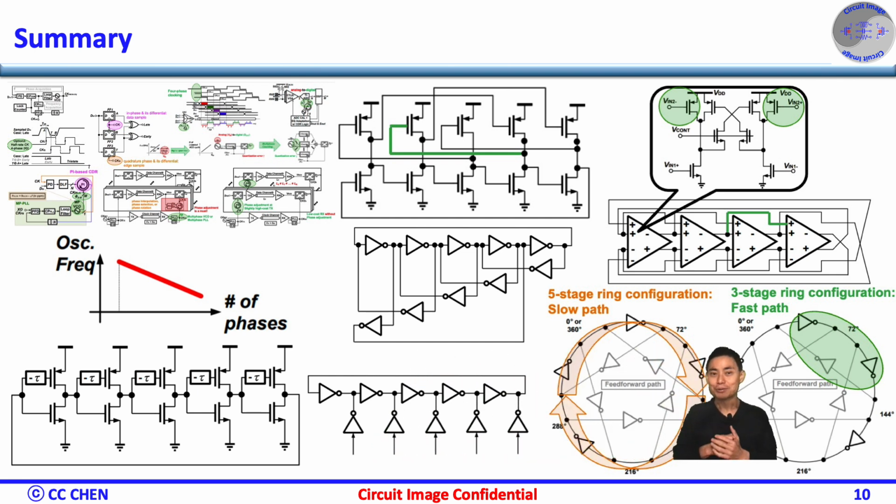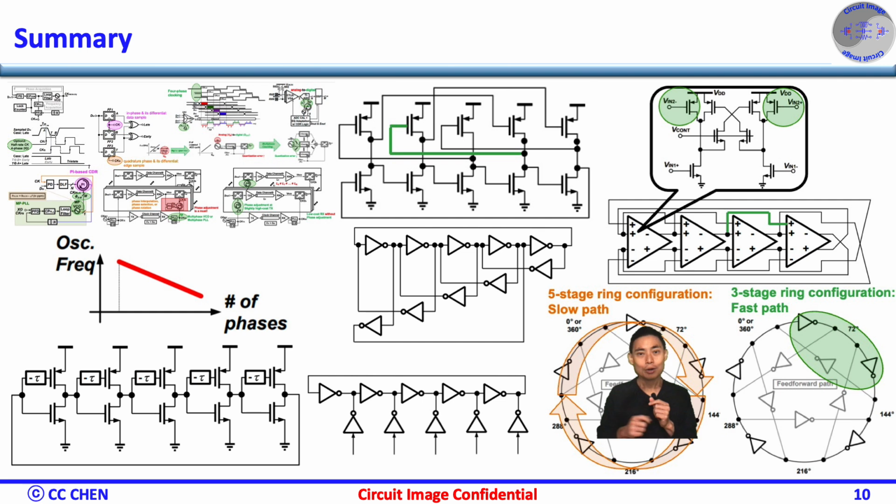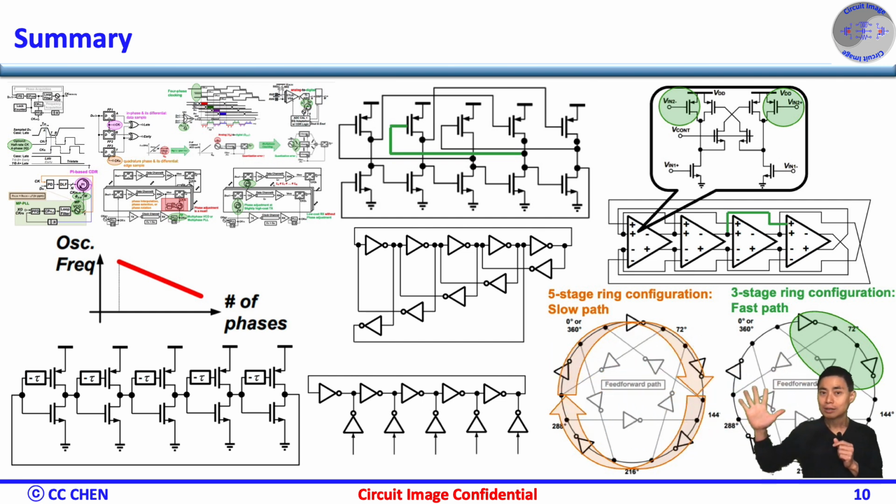Take our example in an odd number of phase generation. With a main 5-stage ring oscillator with a feedforward 3-stage ring configuration, the oscillation frequency can be bounded or interpreted between the frequency of the 5-stage and 3-stage ring oscillator intuitively.